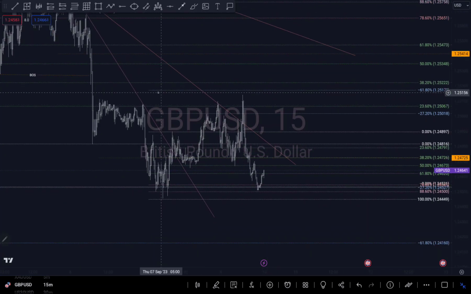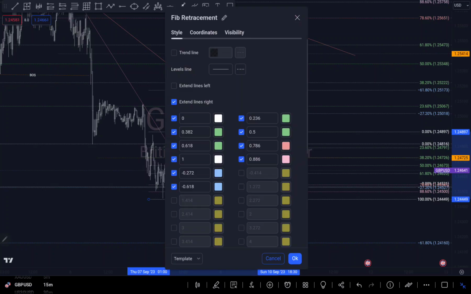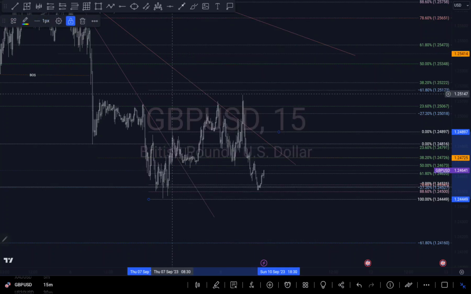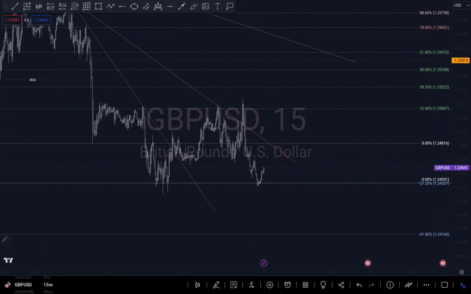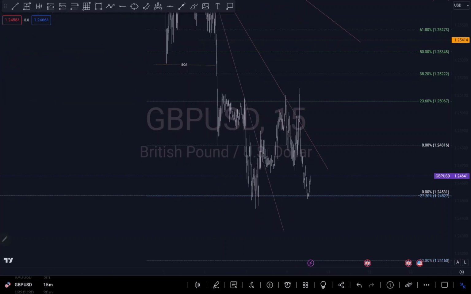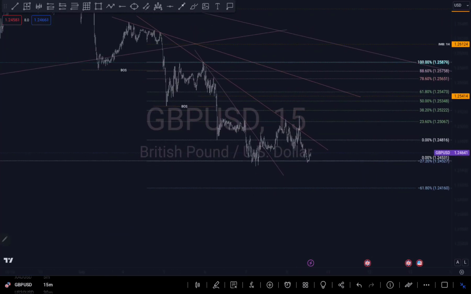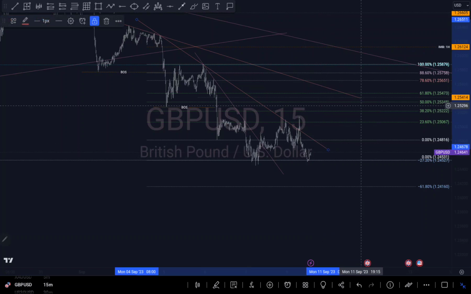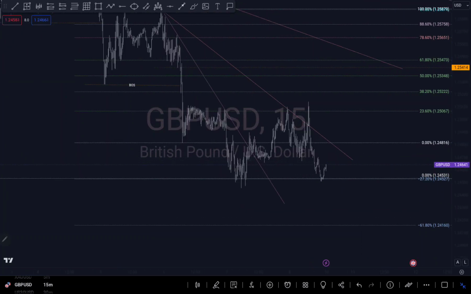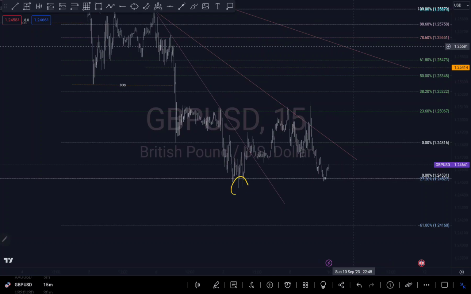Let me delete this one here. So now what am I looking at on GU right now is, we can see that GU is currently back down to this previous level right here, and it's showing like it's coming to the upside.